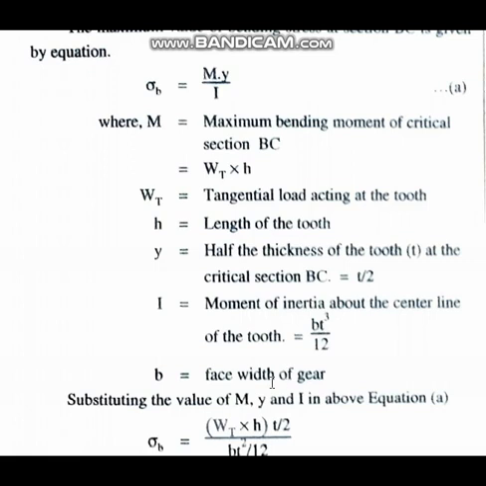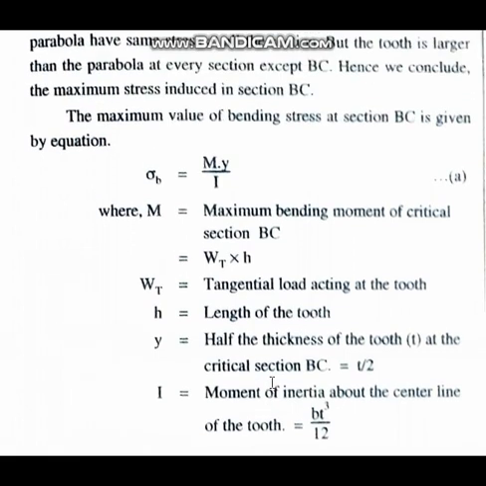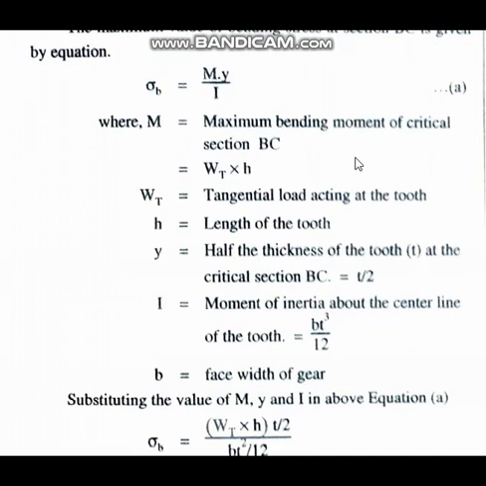So I is BT cube upon 12. Okay, and then what else? All these things, let us substitute in the sigma B equation. M, the bending moment, is the tangential load into the length of the cantilever. In this case, the length of the cantilever is h. Then y is nothing but t by 2, and I is equal to bt cube by 12.